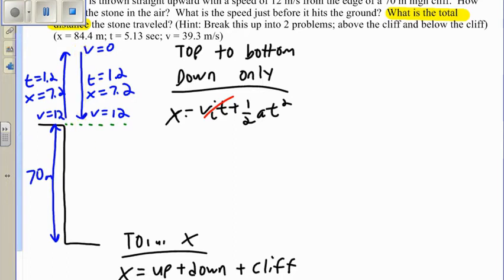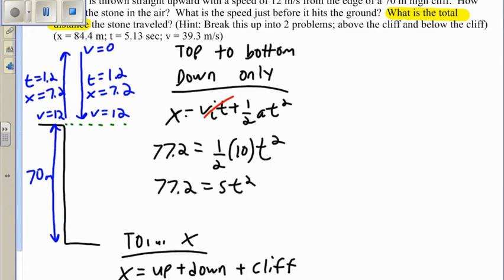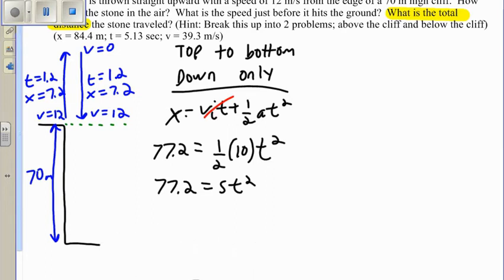So my total distance is 70 plus 7.2, which is 77.2. And I have 1/2 times 10 t squared. So I get 77.2 equals 5t squared. I can divide both sides by 5. And then take the square root. And I get t equals 3.93. So 3.93 is the time it takes to go from the very top to the very bottom.